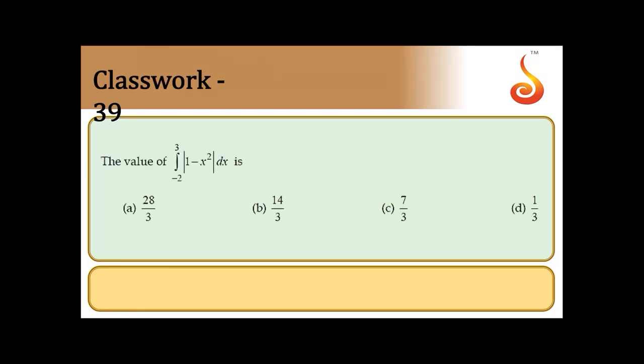Coming to the next one. Yes, of course, 1 minus x square can be taken as positive, integral from minus 2 to 3 of modulus of 1 minus x square dx. Let me take up x square minus 1. If it is a positive value, then x plus 1 multiplied by x minus 1 is greater than 0.